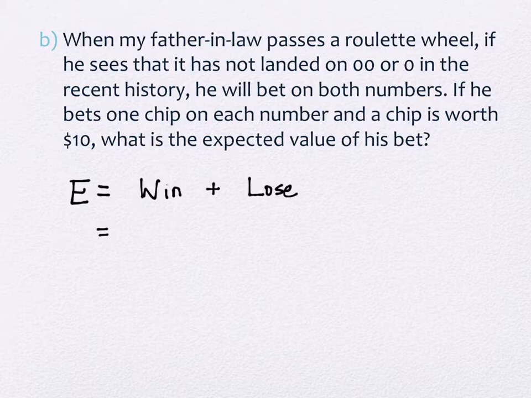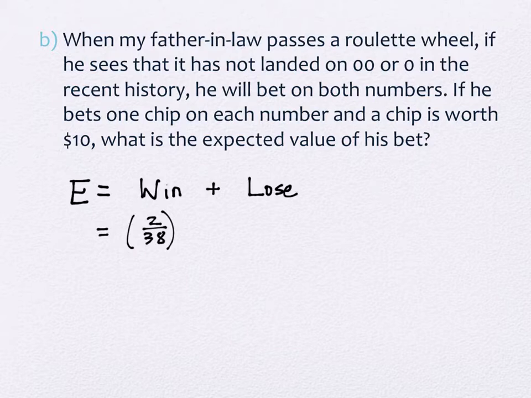Okay, so if he wins, that means it landed on the 0 or the double 0, right? So what is the probability that it lands on the 0 or the double 0? 2/38, right? We had 1/38 and 1/38, so it's a 2 out of 38 chance that he wins. If he wins, how much did he pay to play? $20.